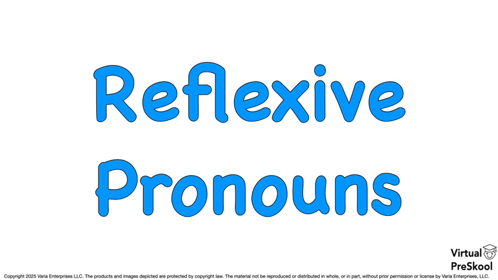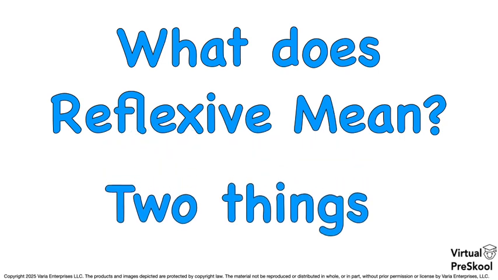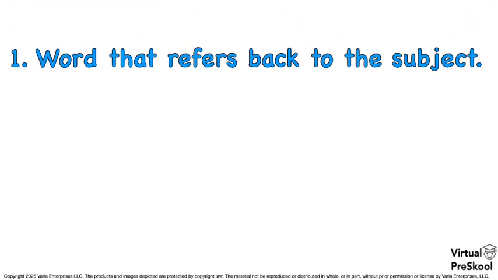Let's look at reflexive pronouns first. And first, let's understand what the word reflexive even means. It has two meanings. First, it means a word that refers back to the subject of the sentence.